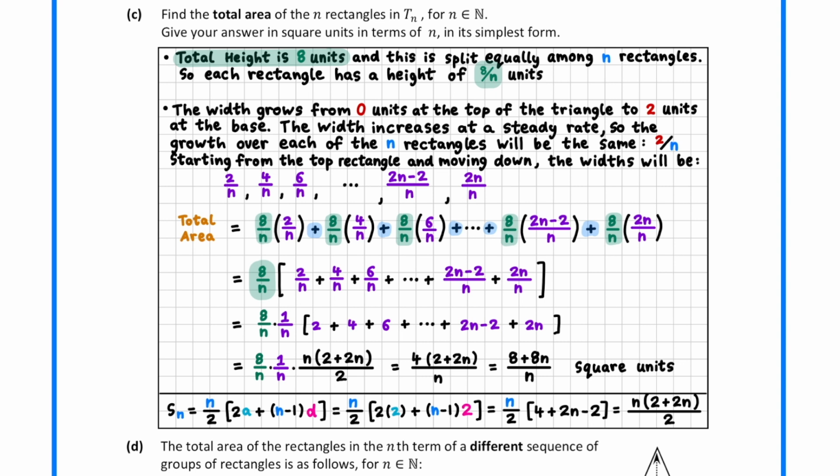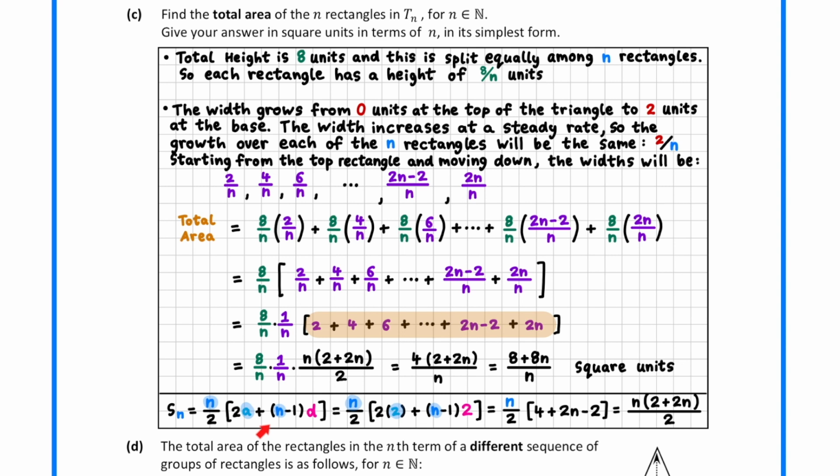From here, we can factor out the common 8 over n, and then factor out another 1 over n. To calculate the expression inside the brackets, we can use the formula for the sum of an arithmetic sequence. The number of terms, n, is equal to n.